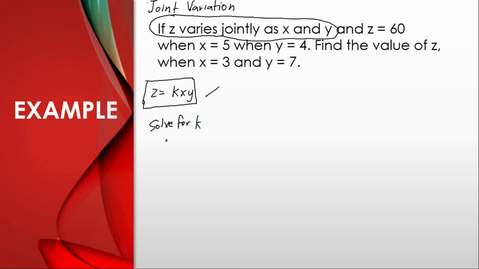Or solve for the constant of variation. So, meron tayo, given na z is equal to 60 when x is equal to 5 and y is equal to 4. So, substitute lang natin yan. Kaya magiging 60 equals k times 5 times 4.